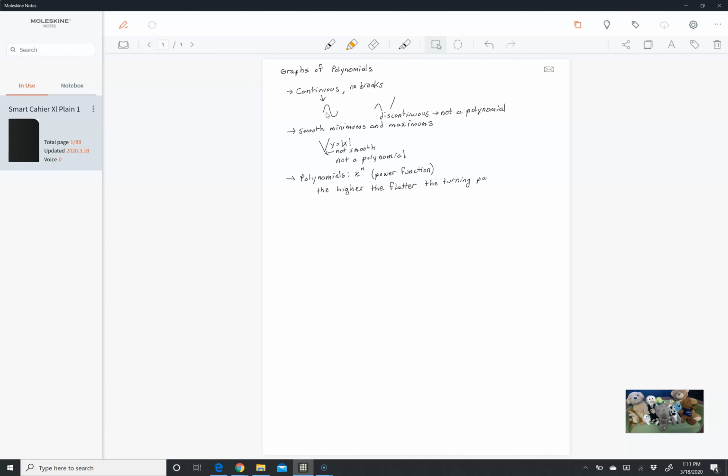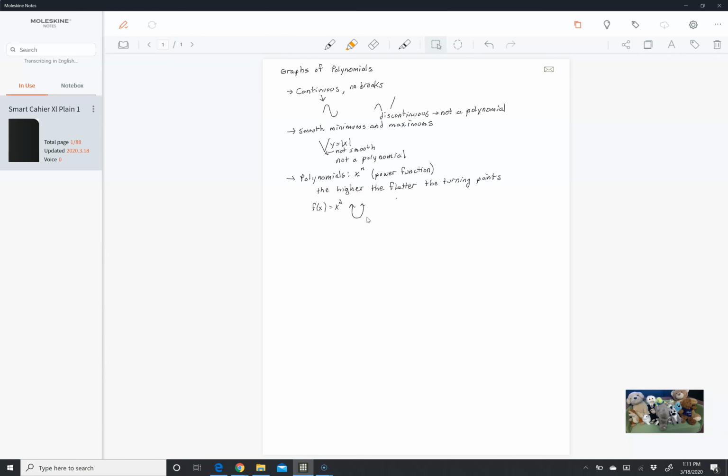So, for example, if we say that f of x equals x squared, f of x equals x squared is going to look something like this. We can see that it does turn over here. Okay.